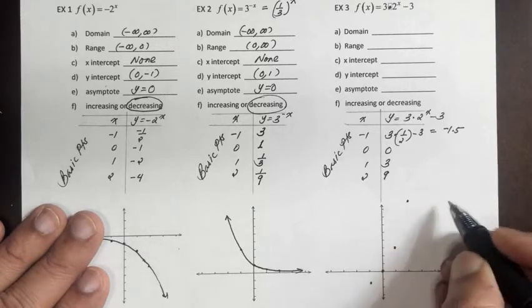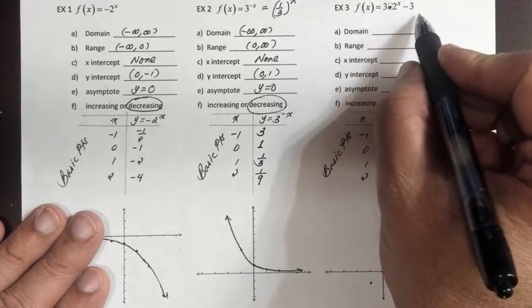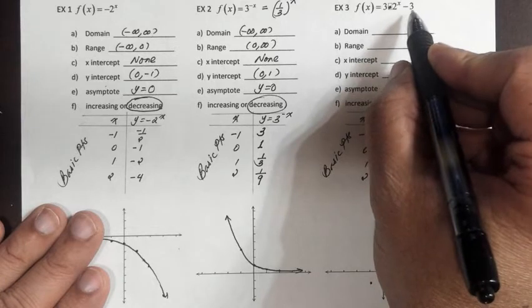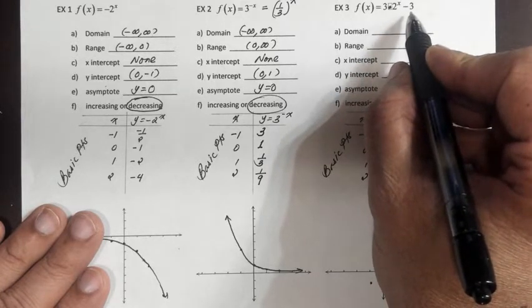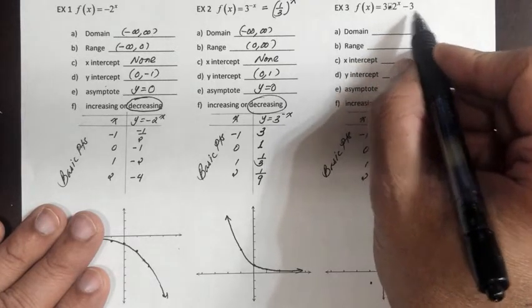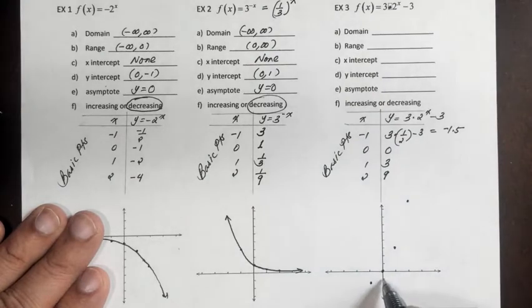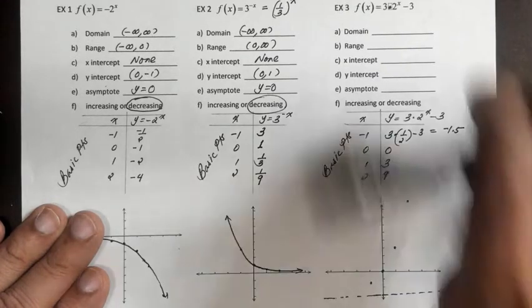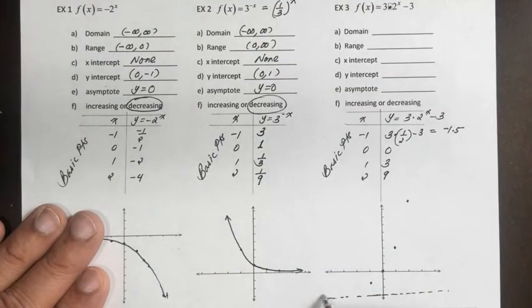And you also need to understand, since it is minus 3, that is a clear indication that the asymptote is at y equals -3. So let's make that at -3. That is going to be our asymptote for this function right here. And you can see the function is graphed like this.